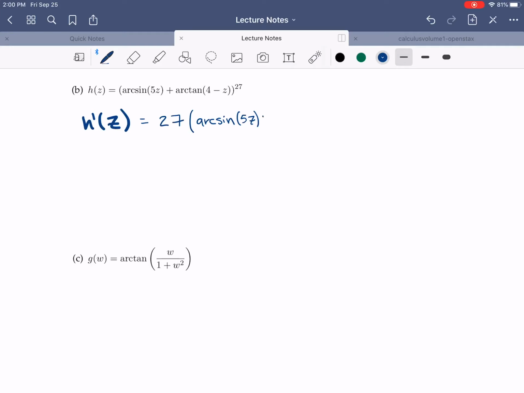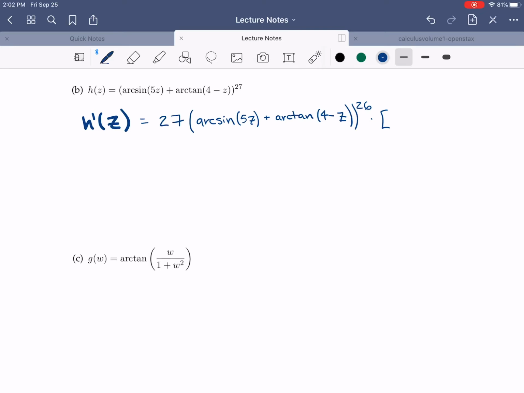I leave it as is. I just rewrite it back down, plus arctan of 4 minus z, all of that to the 26th power, and then I have to multiply by the derivative of what's inside.